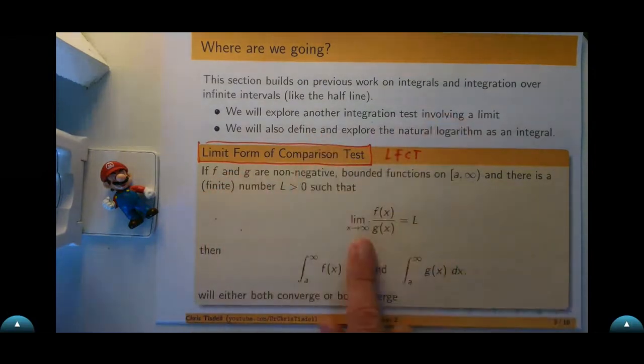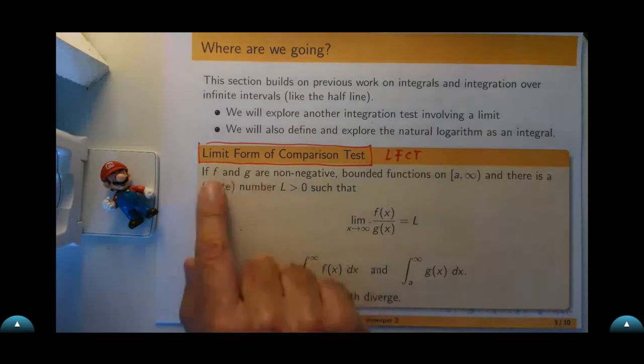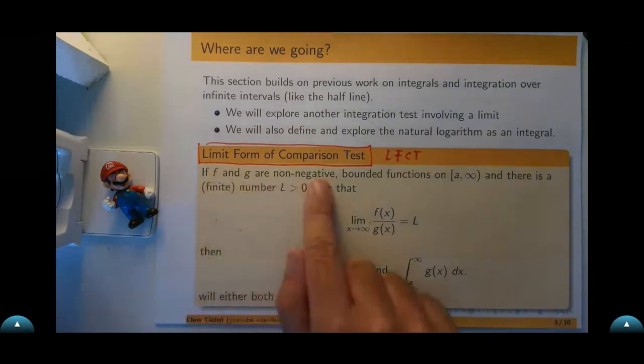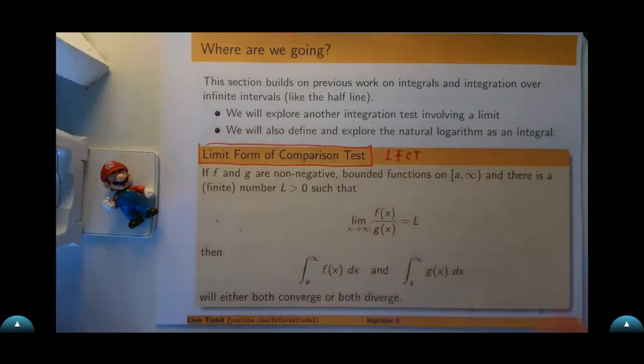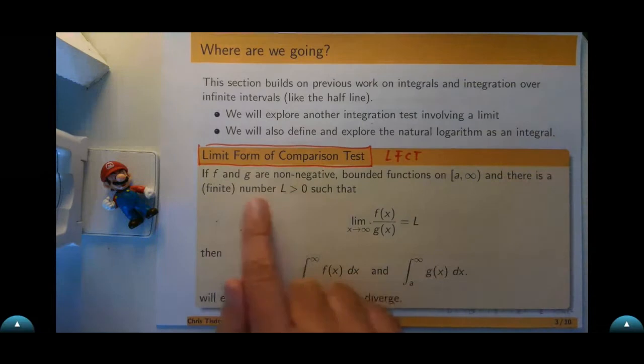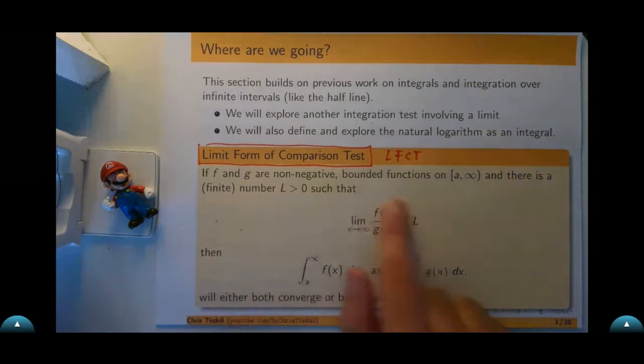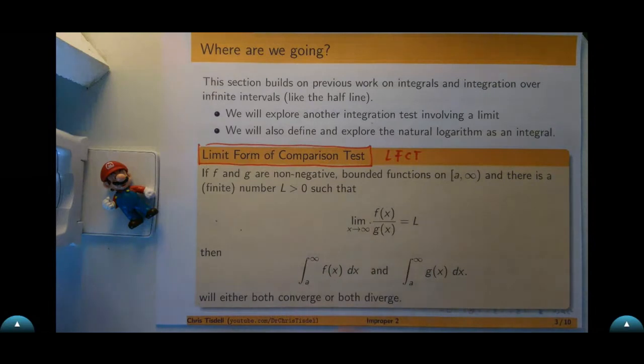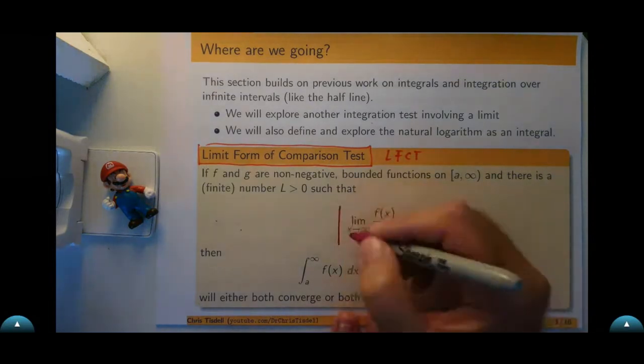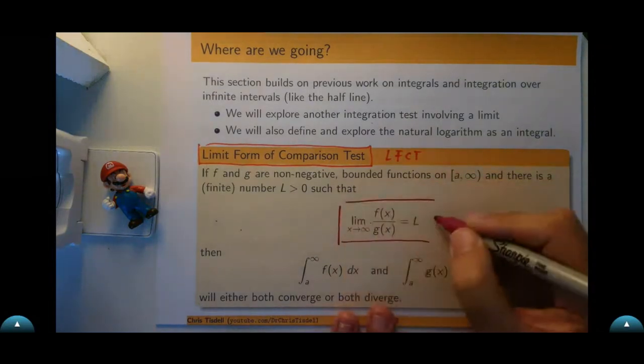Let's look at the assumptions. The idea involves a limit. Suppose you have f and g being non-negative bounded functions, similar to the functions we're already looking at. And suppose there is a finite, positive number L such that this limit is a finite number.